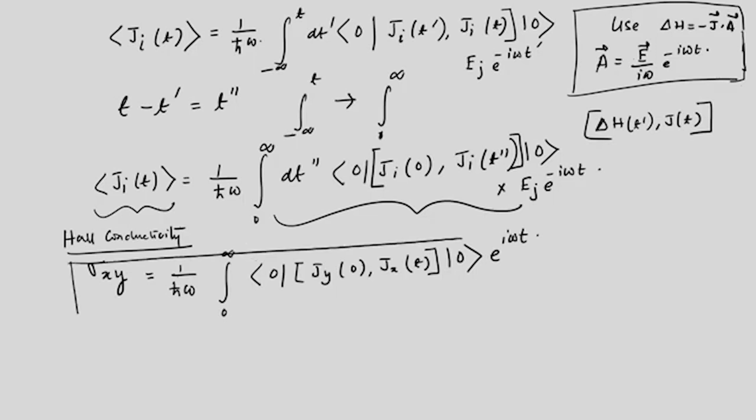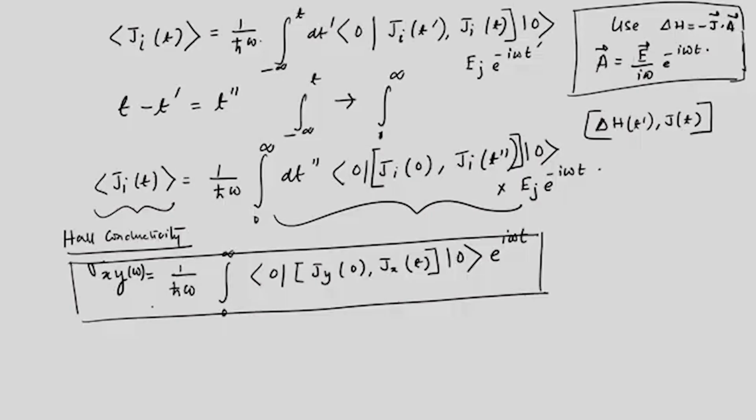It involves only commutators of J_y, the current density in the y direction, and J_x, the current density in the x direction at a different time. One of the times has been set equal to 0, and this sigma xy is a dynamical conductivity because it depends upon the frequency. Of course, when we take the DC limit, that is, put omega equal to 0, this will become the Hall conductivity that we have seen. This is the Kubo formula for Hall conductivity.